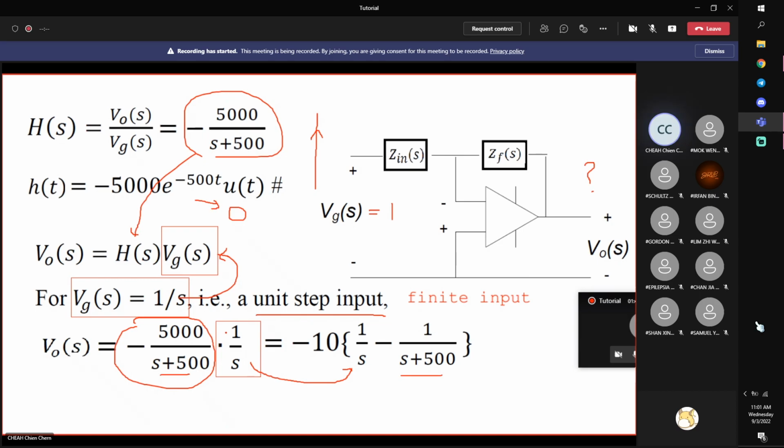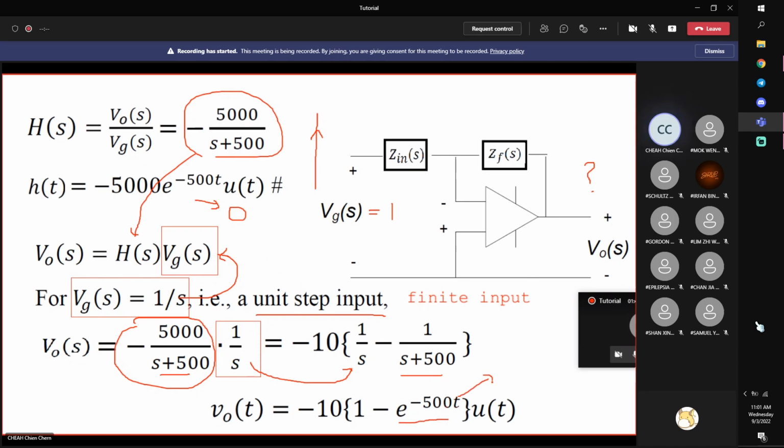It means that it's not depending on your inputs. For forced input, you produce forced response, right? But your circuit is relating to the parameters of your RLC, and this is called your natural response. In the Laplace domain, it's 1 over S plus 500. In the time domain, it's e to the power of negative 500t.